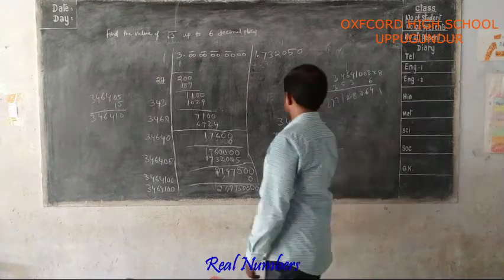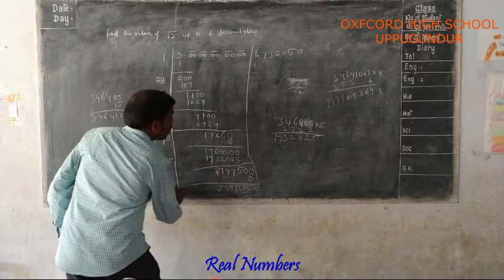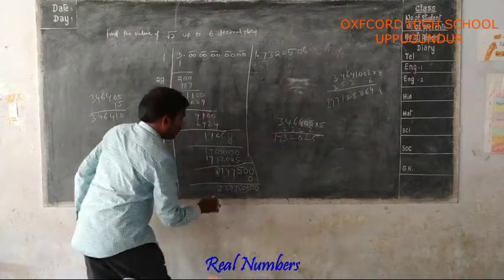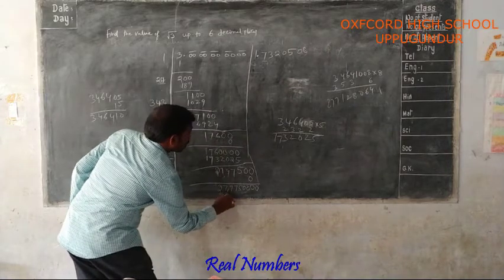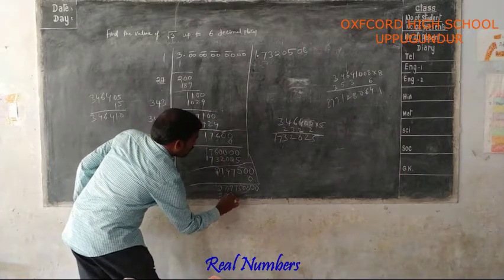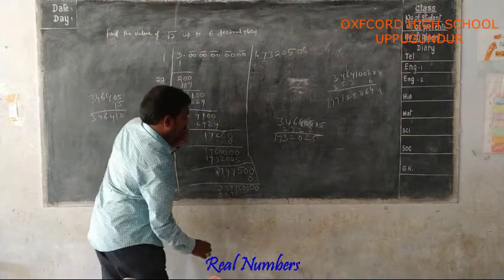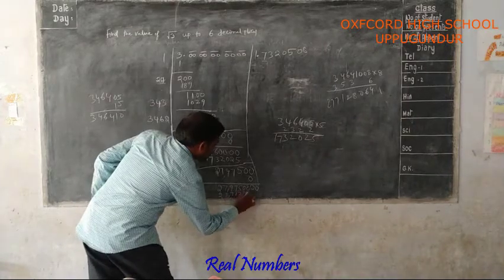So 8 times is 27 crores, 71 lakhs, 28,604.